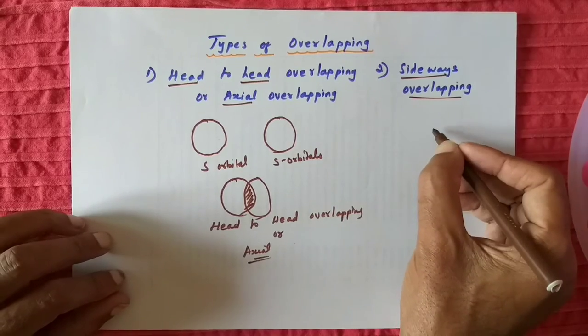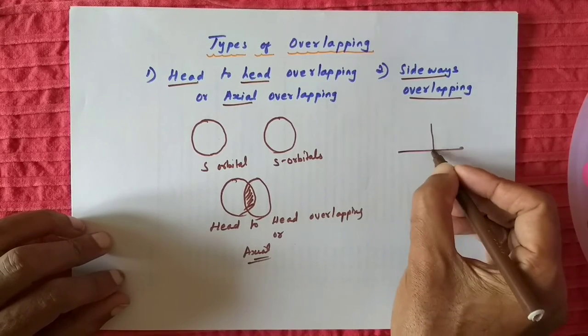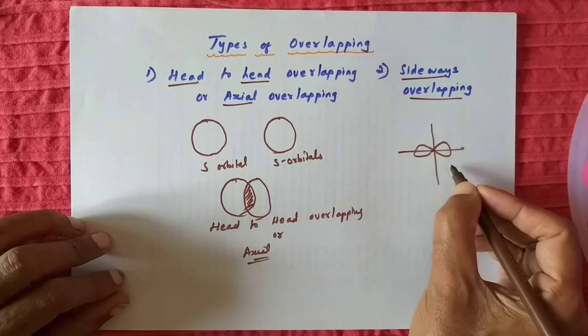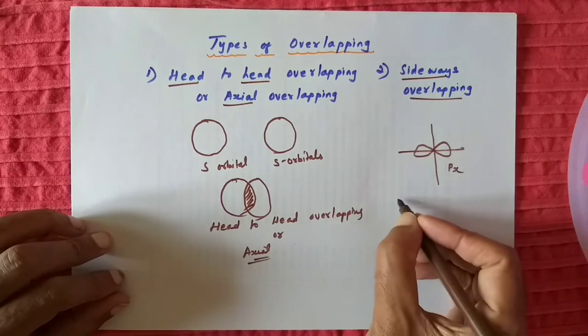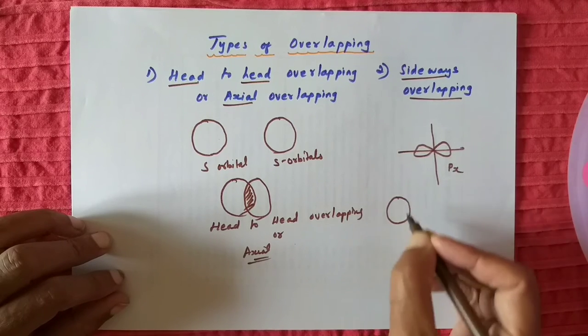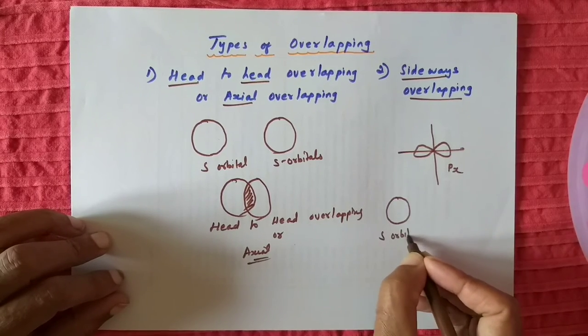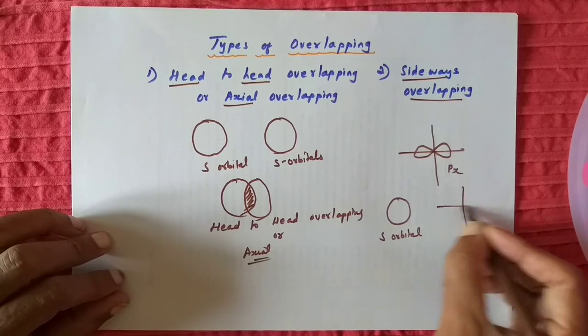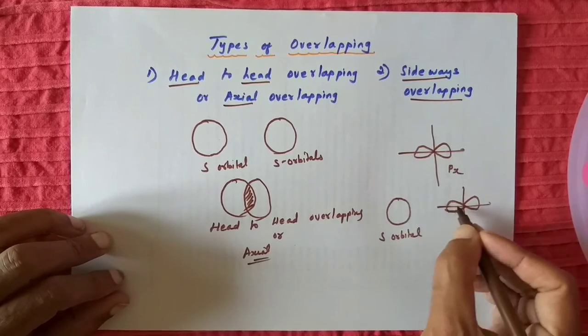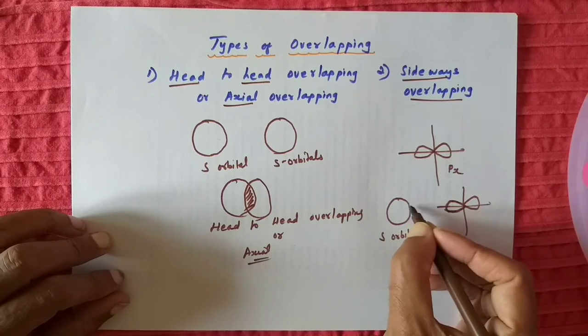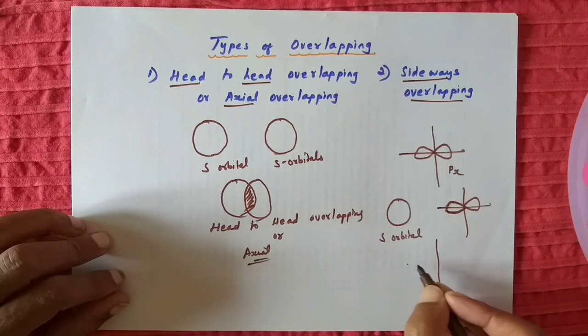And in the case of p, we call this px. When I take one s orbital and a px orbital, this head and this head will overlap along the axis.